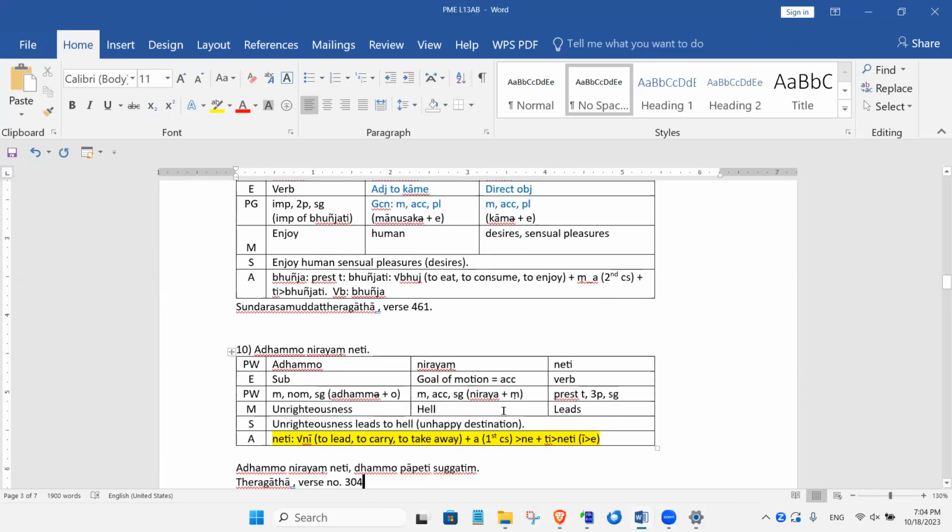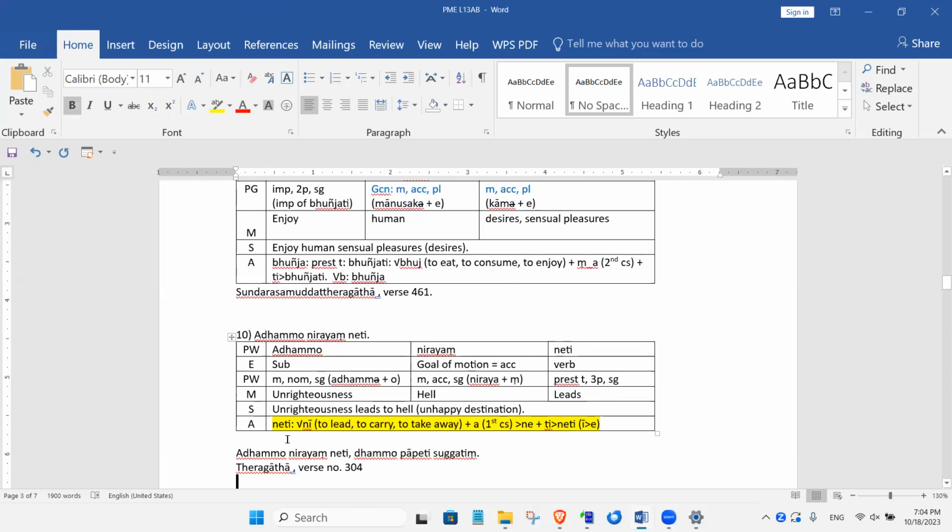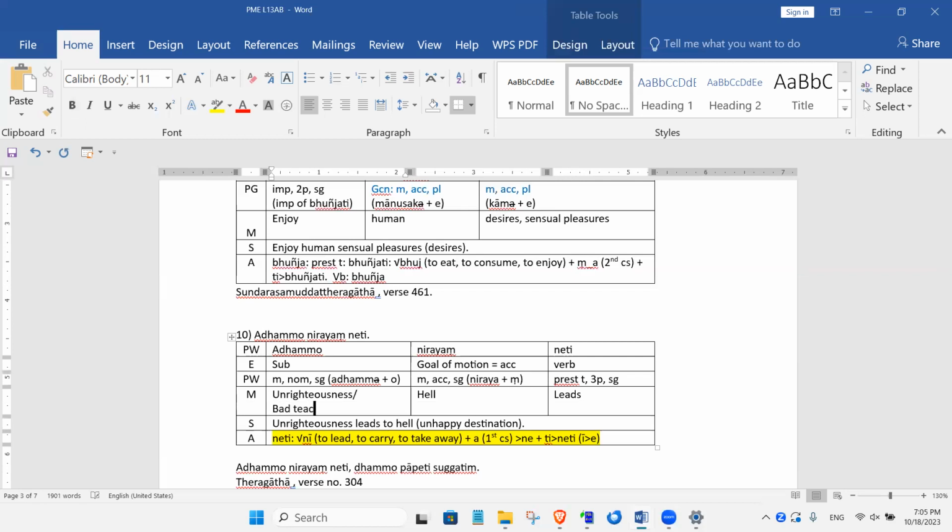Okay. Now this one is also from the Tipitaka, from the Theragatha, verse number 3 or 4. The whole sentence is Adhamma means bad dharma leads to niraya, hell. So good dharma leads to sugati, a heaven or good place, right? So besides the word unrighteous, you can say maybe bad dharma or bad teaching.